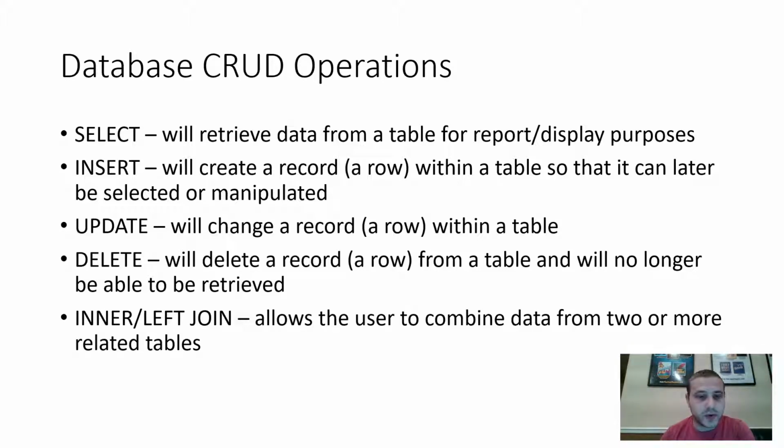Inner and left joins. What this does is allow users to combine data from two or more related tables. Let's say you have foreign key relationships, or just relationships between two or more different tables. You can join these tables together. Think about a users table and an address table. A user can have an address, right? So instead of doing two different selects, like select all from users and then select all from addresses, you can get related information by joining these two tables.